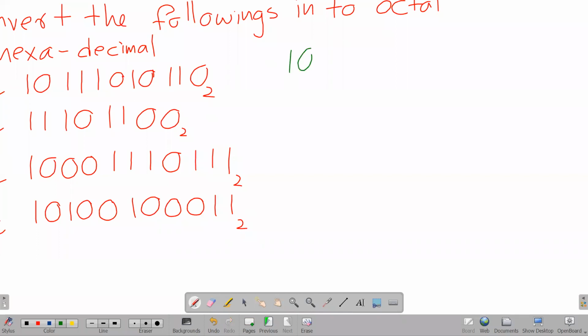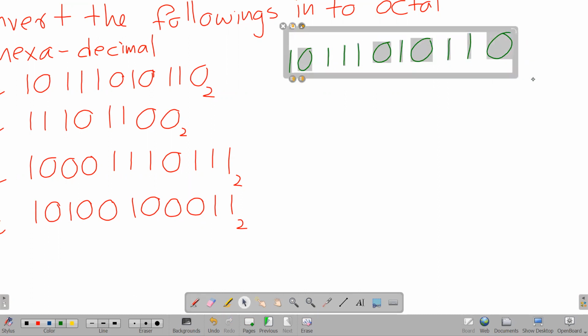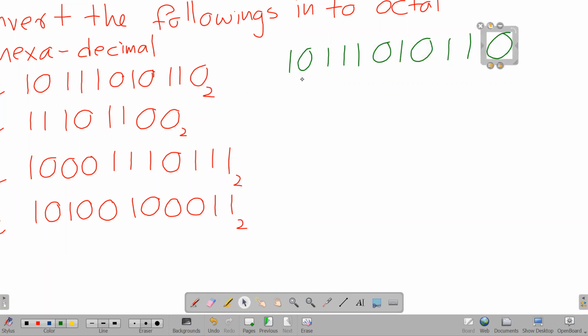So it's 1 0 1 1 1 0 1 0 1 1 0. So I'm sorry, I was trying to get a copy of this.